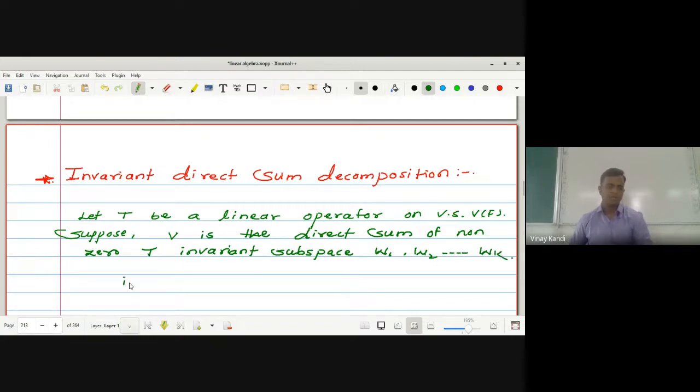That is, V is equal to W1 direct sum W2 direct sum up to so on Wk.